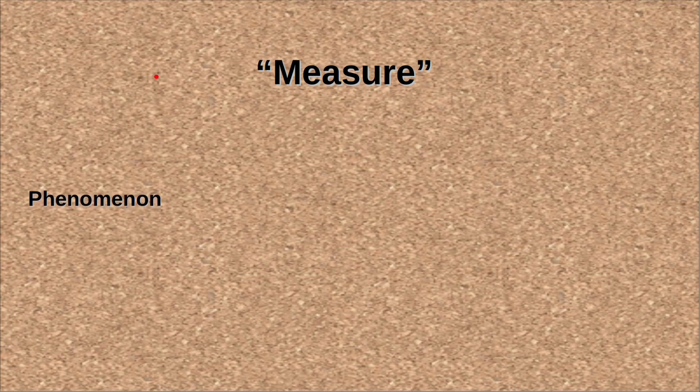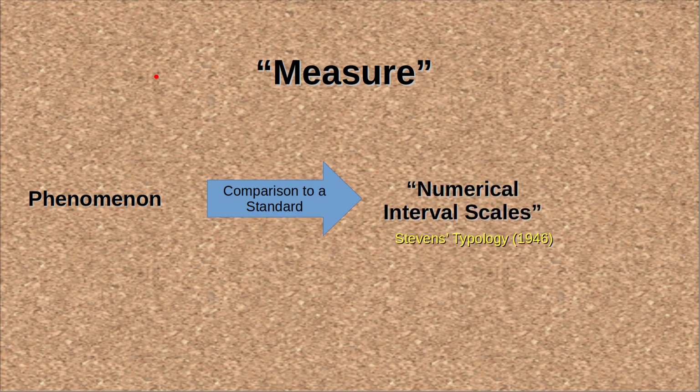A phenomenon, that is a thing or a performance, is compared to a defined standard in order to arrive at a numeric score within a defined scale, as defined by Stanley Smith Stevens in 1946. Scores may be objective if simple absolute criteria can be defined in advance, or they may be subjective if qualified human judgment by a rater is required for scoring.